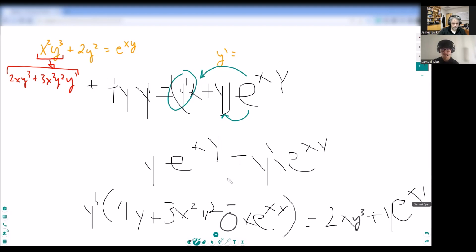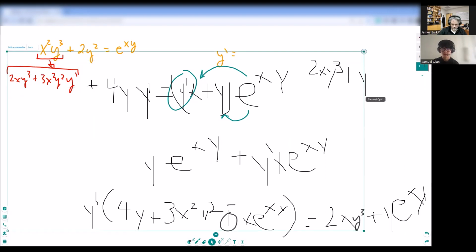Yeah, and then you just divide these. I shouldn't have written that big. Okay. So we got there. It took a little time though, right? Yeah. Okay.